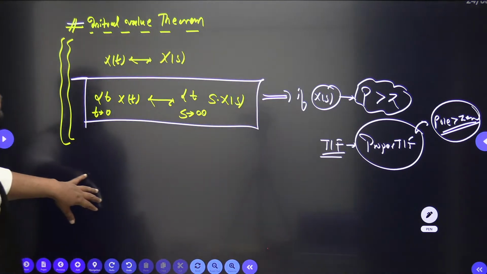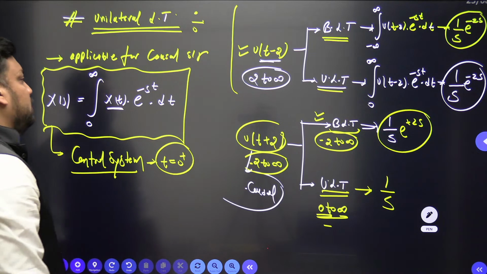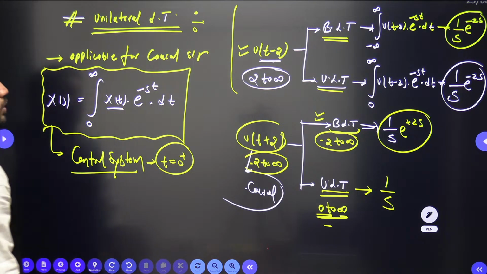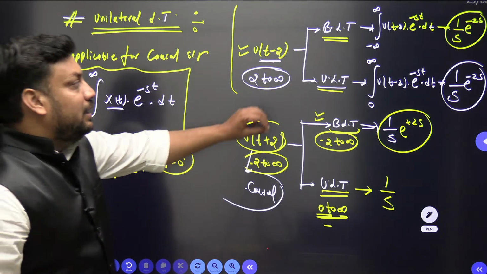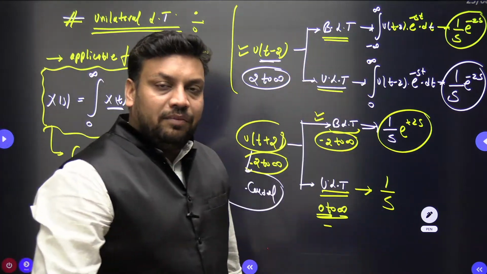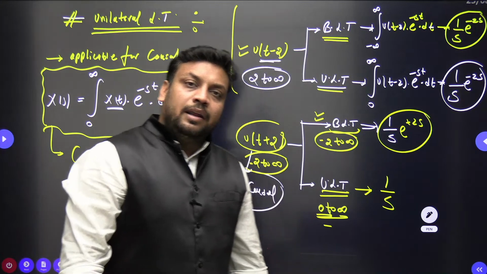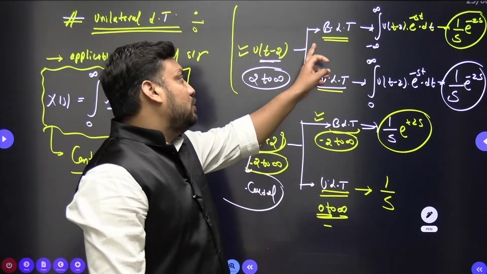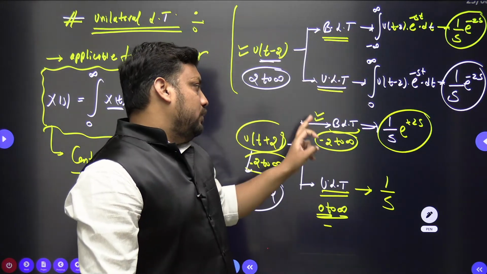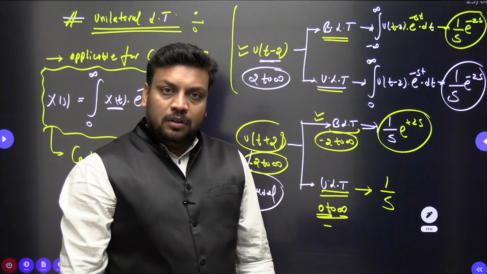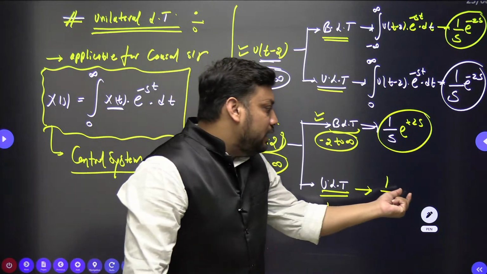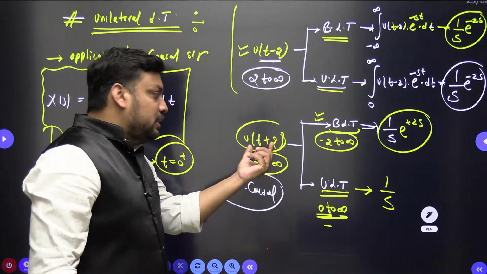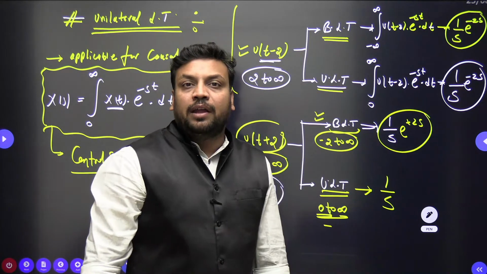Look, if I talk about the Laplace transform representation, it will remain the same, X(s) only. Just by deciding the limits, you will feel the difference between ULT and BLT, because both are Laplace transforms only. You need to think why e to the power plus 2 is not there: u(t+2) actually behaves as u(t) only.